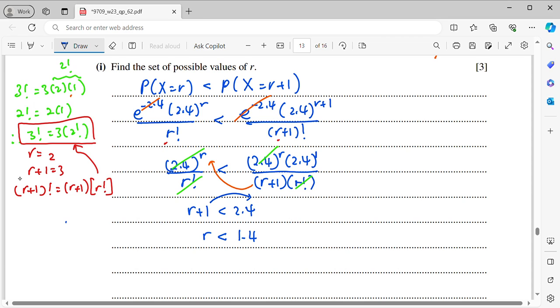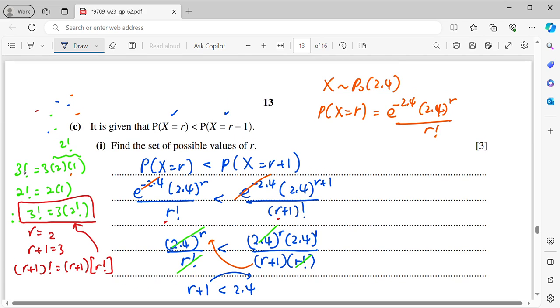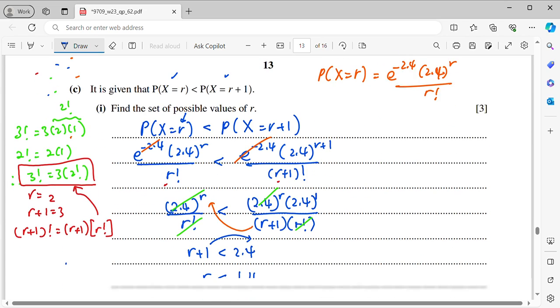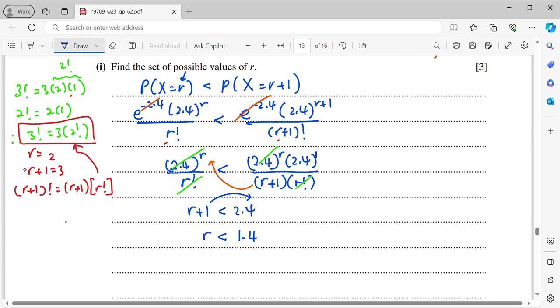So when r is less than 1.4, remember, your r will be the x values. So less than 1.4 means that your r will be 0 or 1, because X is Poisson distributed, it must be discrete. Okay, that means you cannot accept the interval. It must be discrete. Therefore, my r will be just 0 and 1. So you can accept these two values.